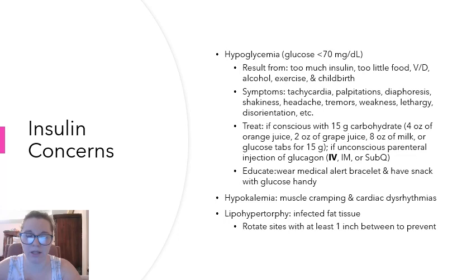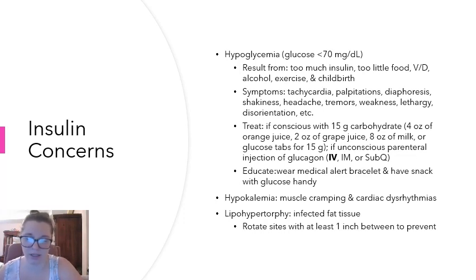Another concern about insulin is the infected fat tissue, so that's called hypertrophy, and that is spelled wrong on your slide. I just realized that. Hypertrophy, so like inflamed. That is why we rotate our sites within at least 1 inch of each other between each previous injection, so that we are trying to prevent this infected and inflamed response to any kind of puncture site.